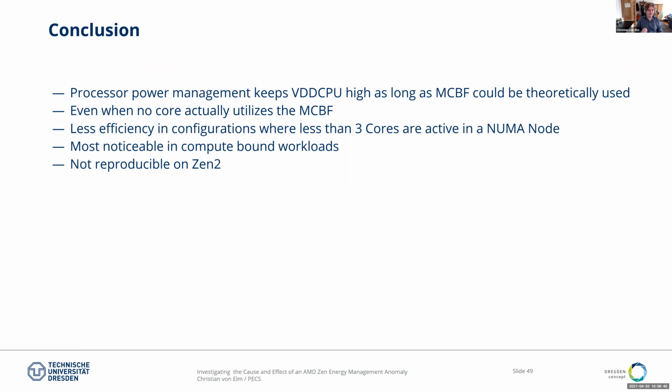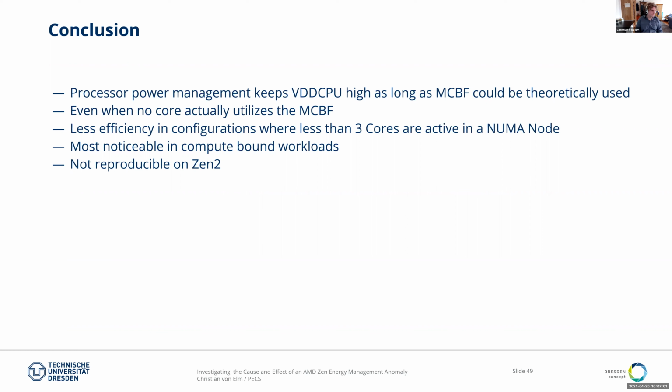This, as we have seen in the second part, leads to less efficiency in configurations where fewer than 3 cores are active in one of the NUMA nodes, which is the criterion for the use of the max core boost frequency.